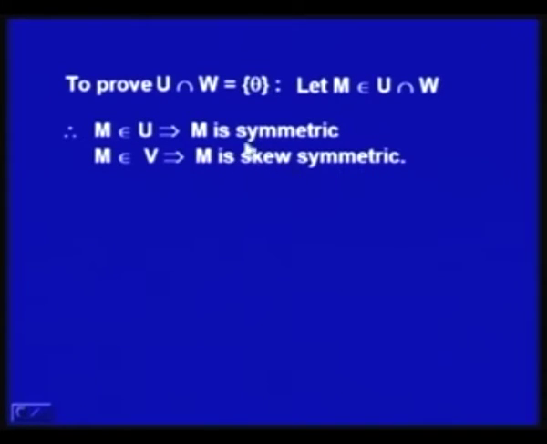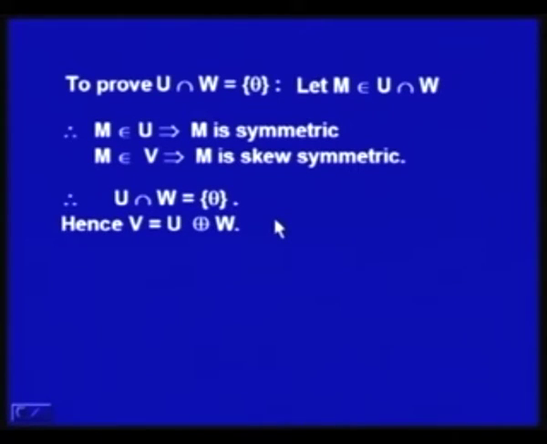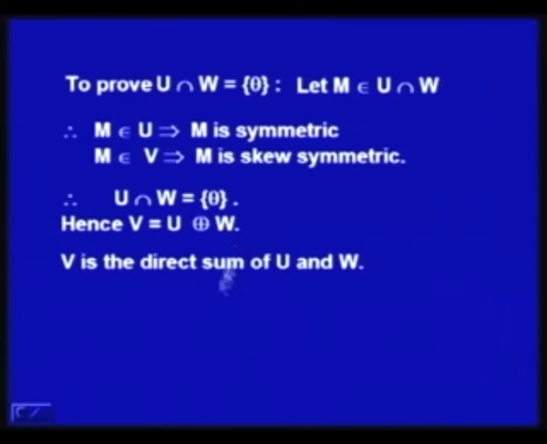Now, this is possible, the matrix being symmetric as well as skew symmetric, only when U intersection W is theta, and that means V is the direct sum of U plus W. This is what was to be proved.